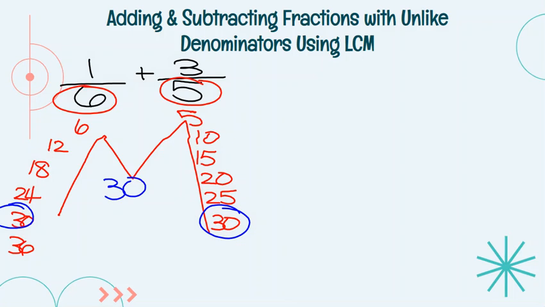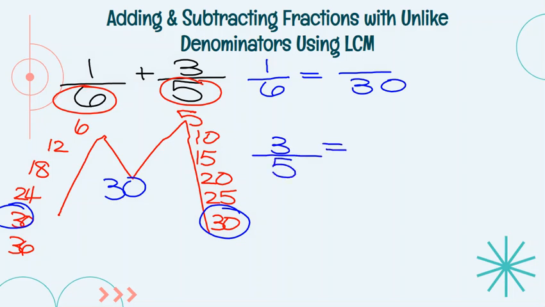My next step is now to convert each of these fractions into 30ths. I like to think of it as translating, because the value stays the same, the message is the same, I'm now just converting it into another language. So I now have to convert my 6th into 30ths by saying 6 times what equals 30.